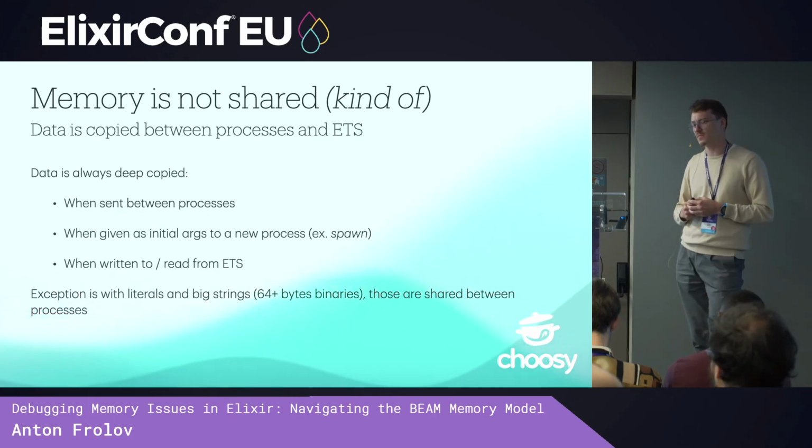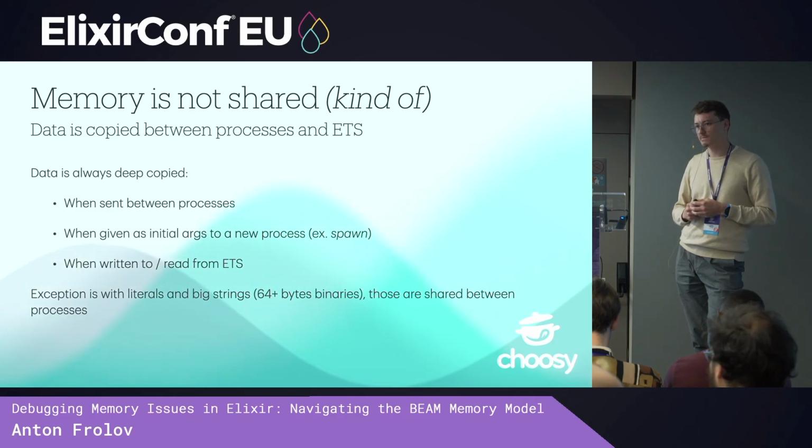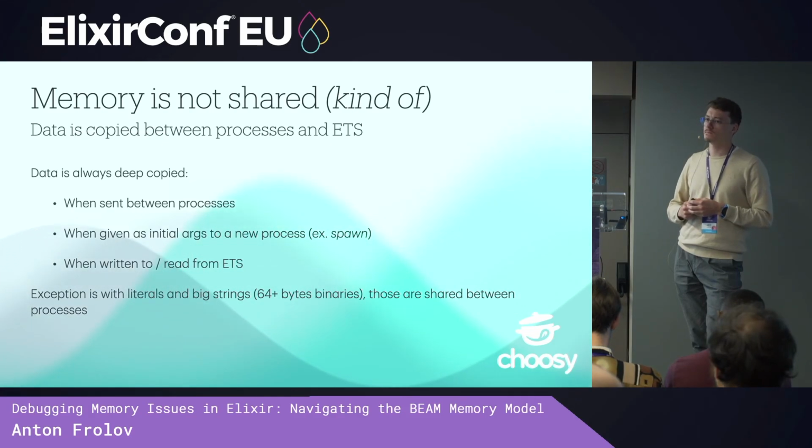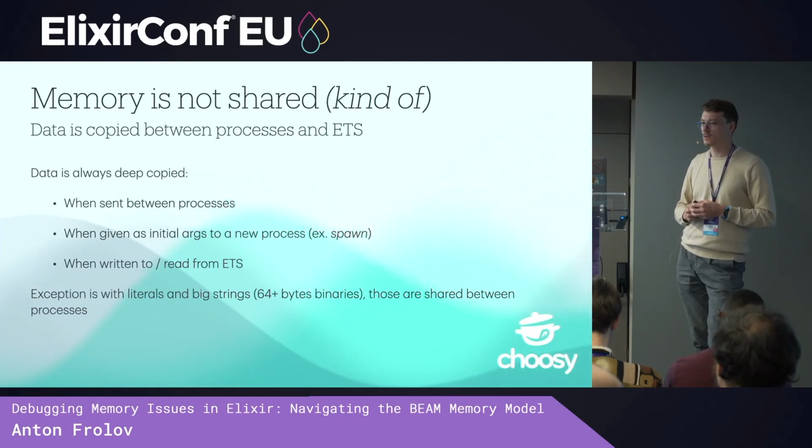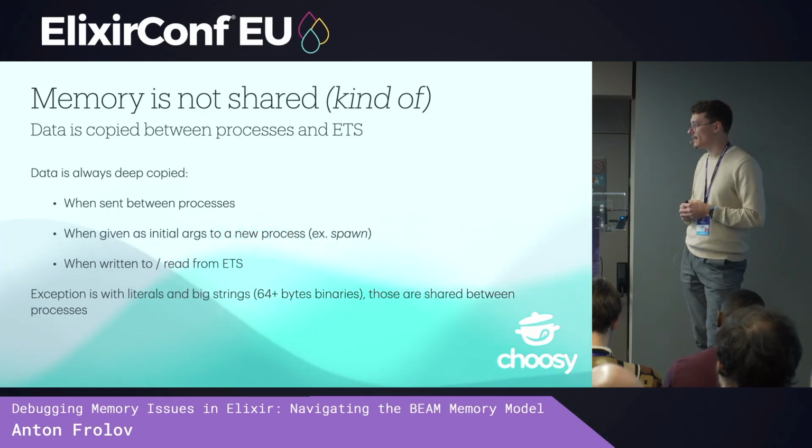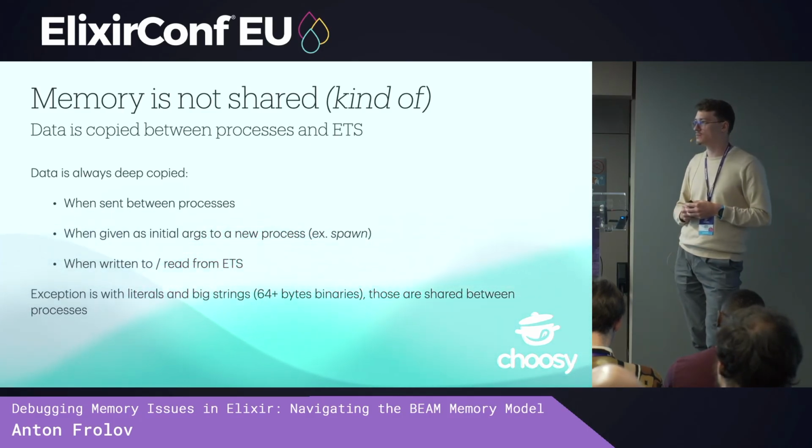If you send a request to garbage collect exactly the Cowboy process, not your channel process, but the Cowboy process, then memory was deallocated. Oh, okay. Yeah, I can see how it can happen.